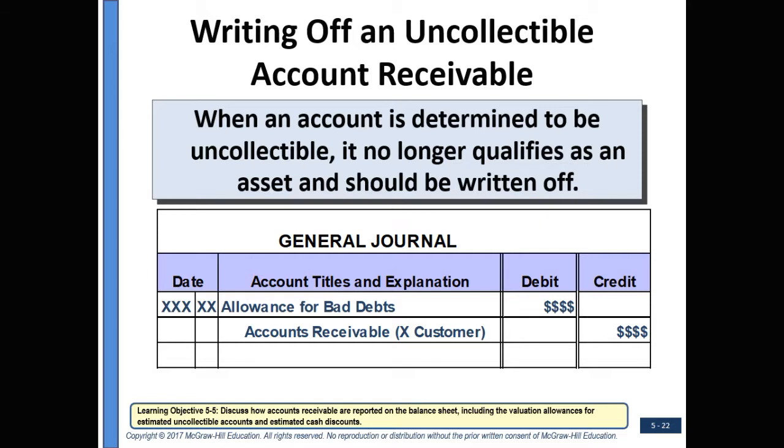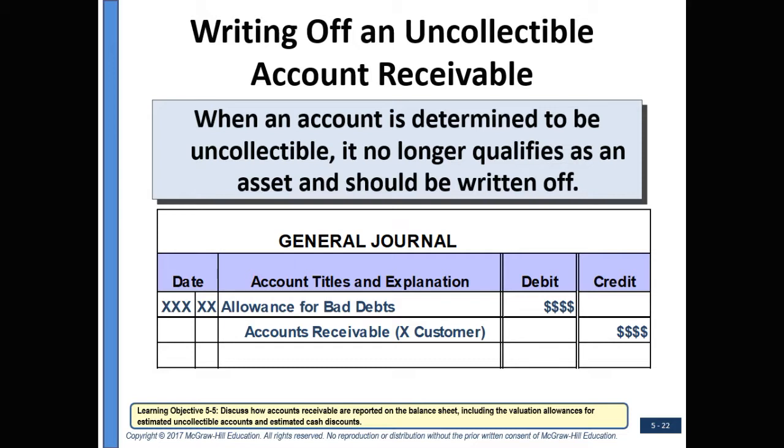When it is actually ascertained, when a customer actually is deemed as defaulting on the accounts receivable, it then is no longer an asset and we write it off. What we do is we take the amount from the allowance. We knew X dollars weren't going to be realized, and we clear off the account of the customer.